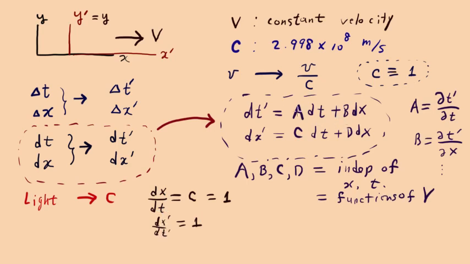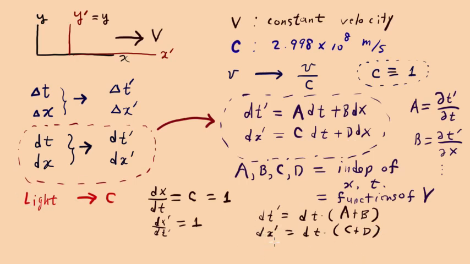So let me put dx and dt to be equal in this equation. So that means dt prime equals, let me factor out dt, because dx is equal to dt, so you get a plus b. And in the second equation, you get dx prime equals dt times c plus d, assuming that we're describing a right-moving light event.